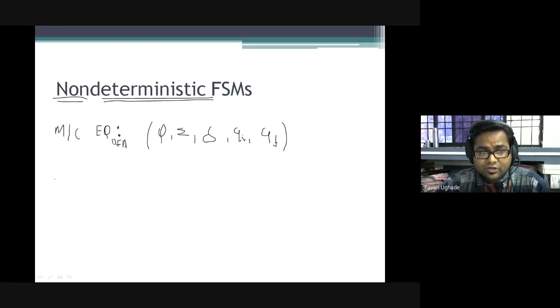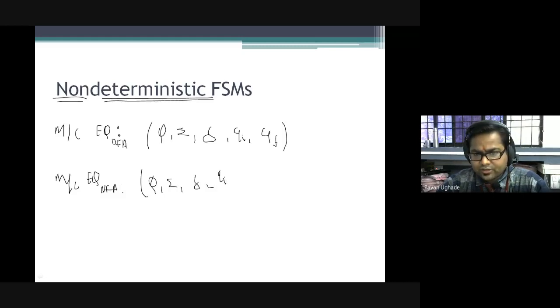Now the machine equation for NFA is also a five tuple. Those are the states, alphabet, the transition function, initial state, and final state.